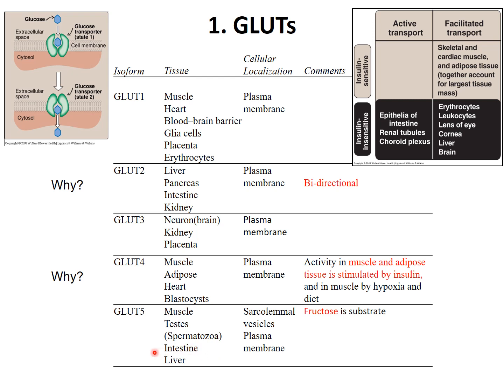You remember the digestive tract? On the luminal surface, there was a GLUT5 which took up dietary fructose and put it inside of the mucosal cells. Muscle can utilize fructose, testes can utilize fructose, and liver definitely will take up fructose and utilize it.